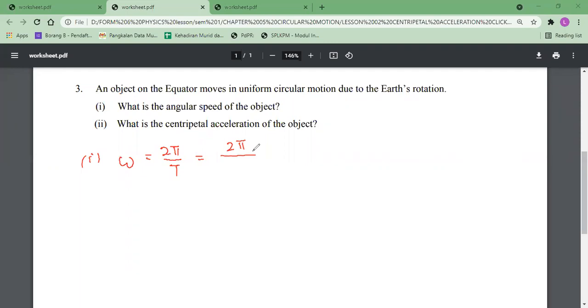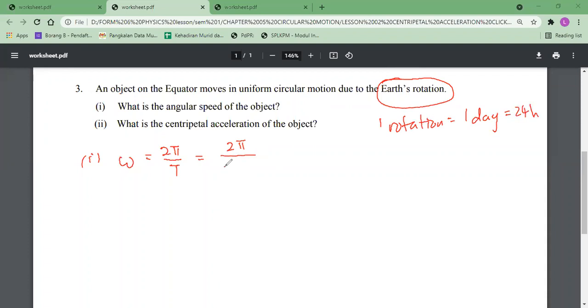So this means that an object moves in a uniform circular motion around the Earth, due to the Earth's rotation. Earth makes one rotation in 1 day, which equals 24 hours.